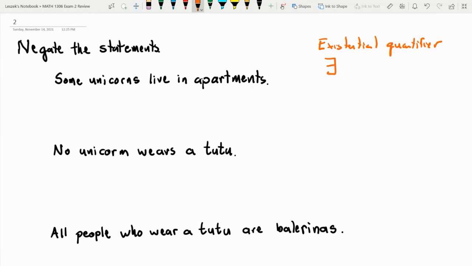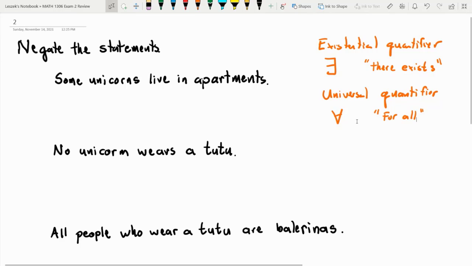I don't know if that's what you learned in class, but this denotes the statement there exists, there is a, or some. And then you have the universal quantifier. For all, so all or for all things, right?